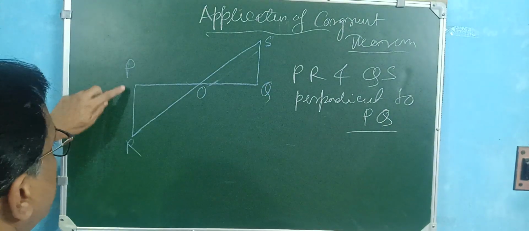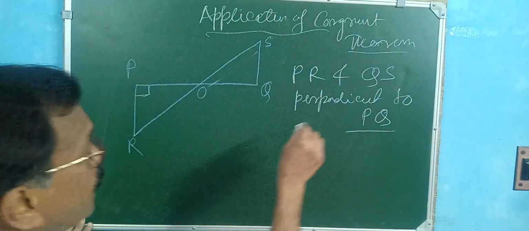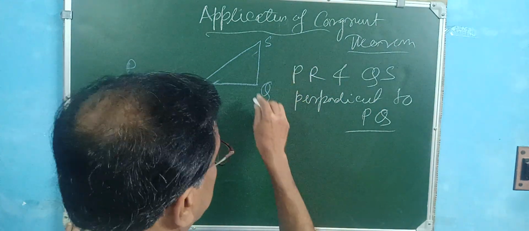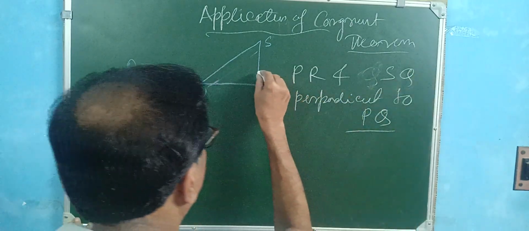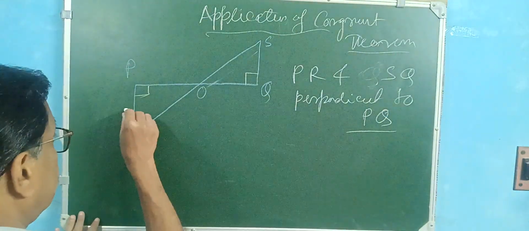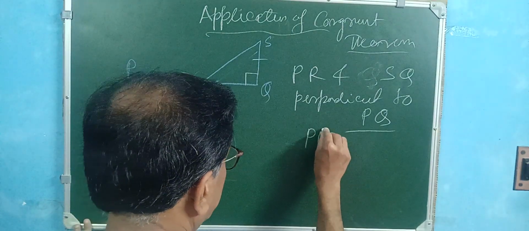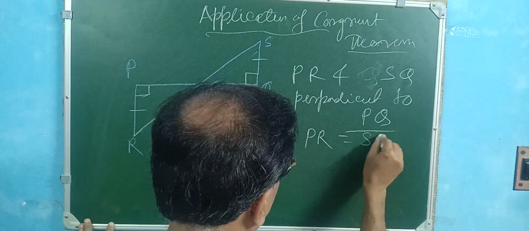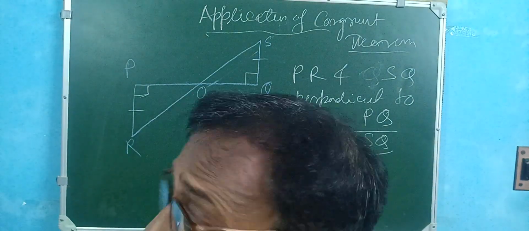That means PR is perpendicular to PQ. This is 90 degree, and SQ, or QS, write it as SQ, is perpendicular to this PQ. This is given, and this side equal to this side is given. So PR is equal to SQ. This is given. Okay, no problem.